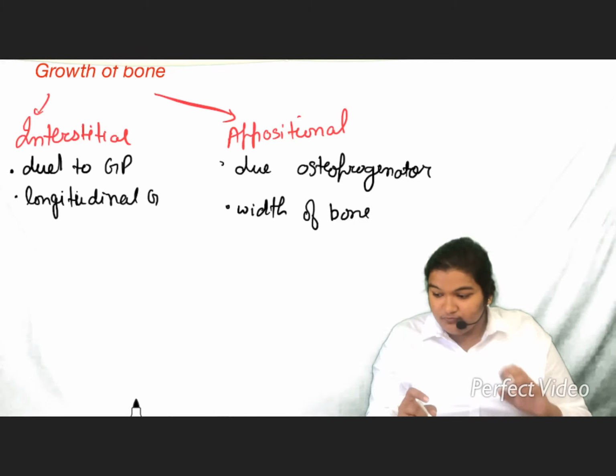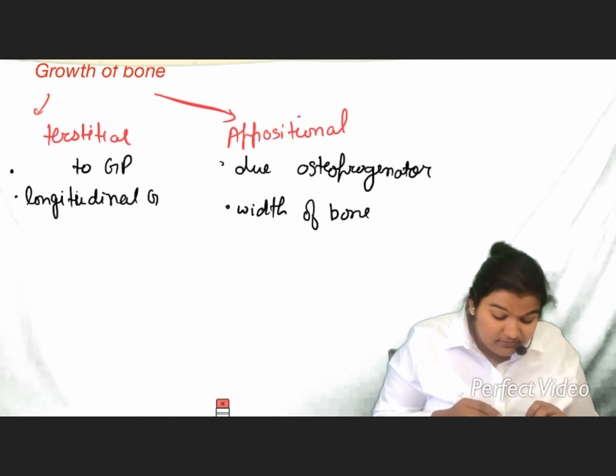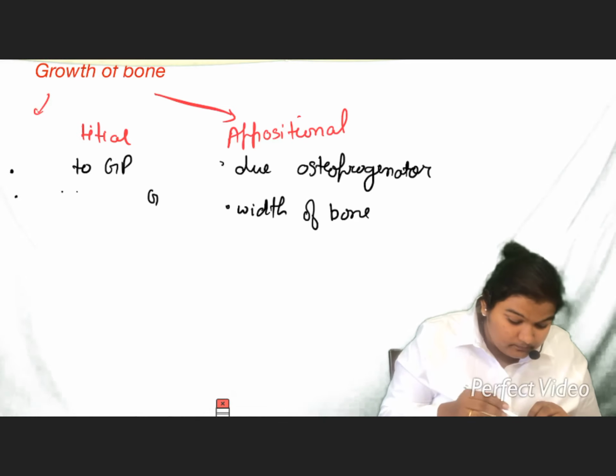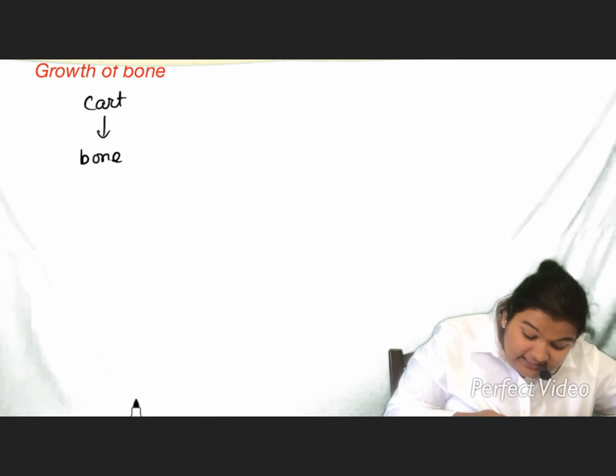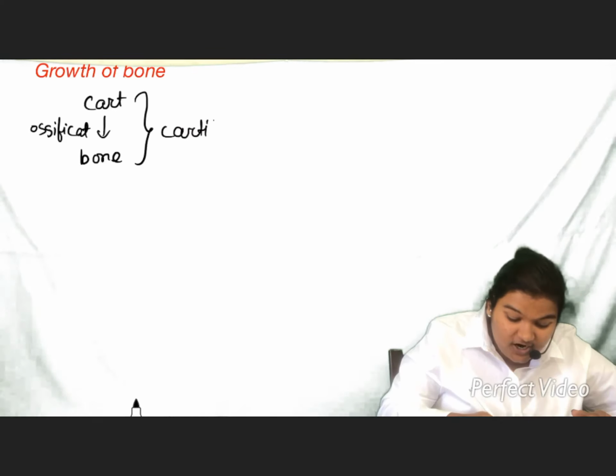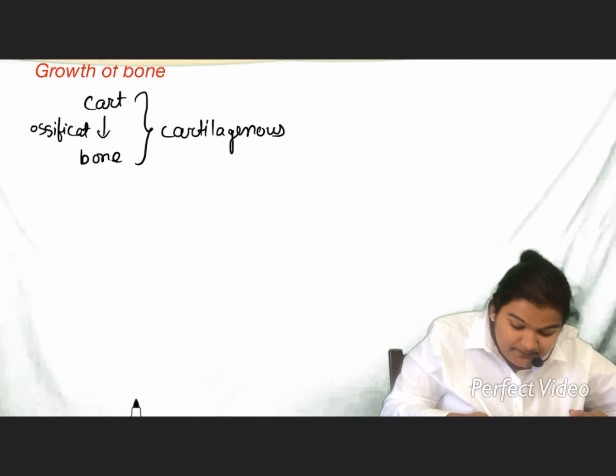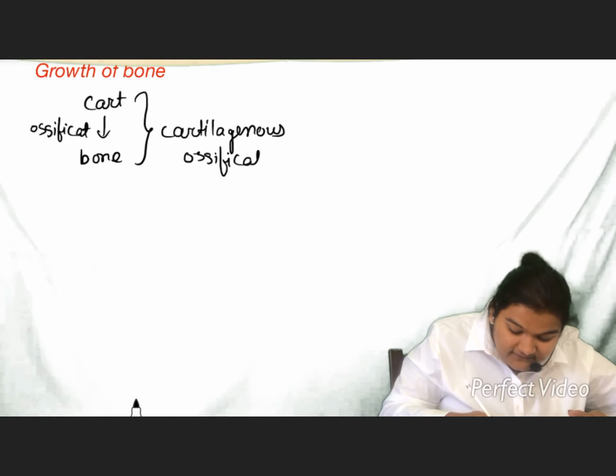Okay, now let us move towards the development of bone. All the bones develop from, or ossify from, cartilage. The starting part is cartilage, and because of ossification it becomes bone. This type of formation of bone is called cartilaginous ossification.